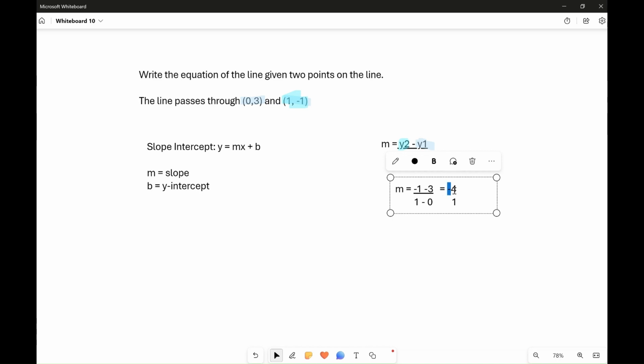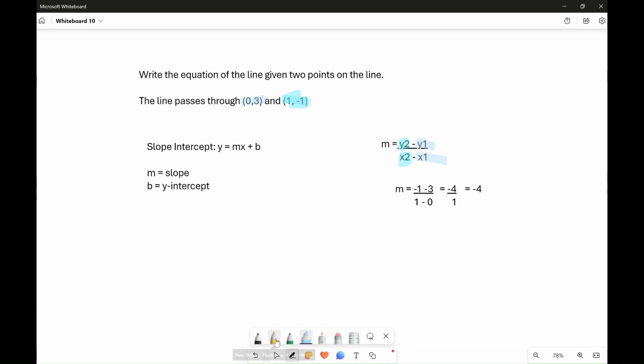So let me put my fraction bar there. Okay, and then that is going to equal just a negative 4 when we simplify, right? So we have our slope. This is our slope right here.